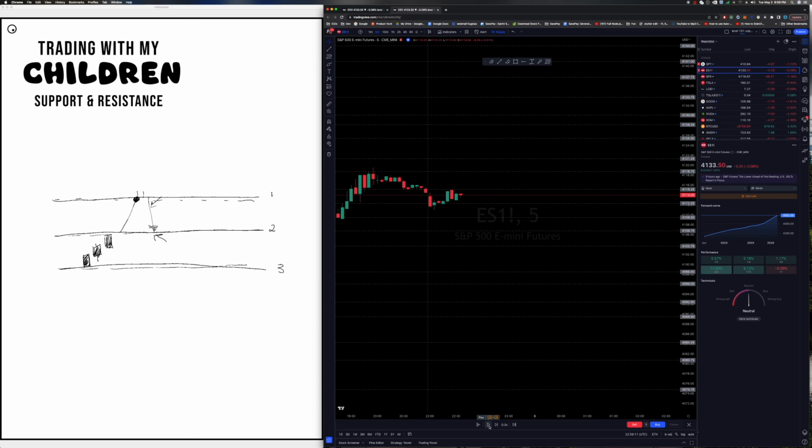Another thing you want to keep in mind when you're planning your trade: let's say it comes up here, and then here starts acting as resistance. Then you say, you know what? I'm going to go ahead and get into a trade here, and I'm going to ride it all the way down. But what happens if the trade goes against you?